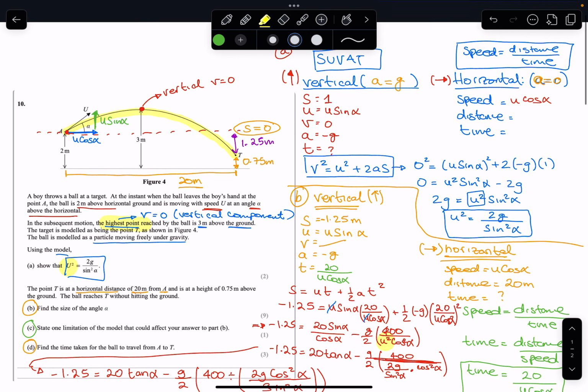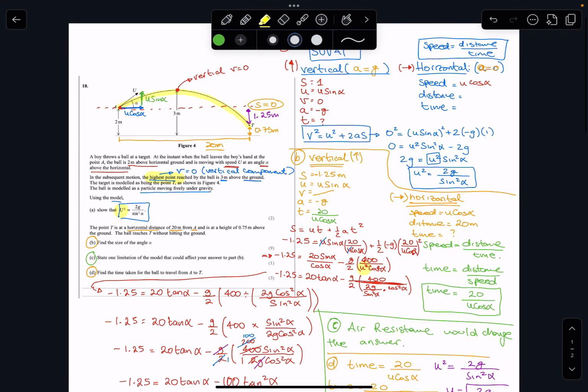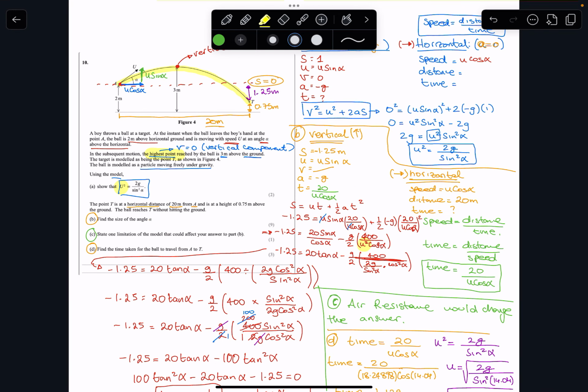So hopefully this question is all clear to you now. It is quite a lengthy question that you can have in the exam. This is an exam style question that I went through. Again, I want to emphasize that it is not a very hard question if you know exactly the steps you need to take.